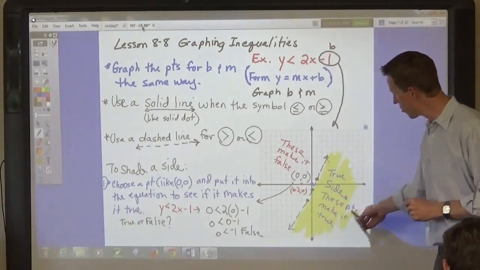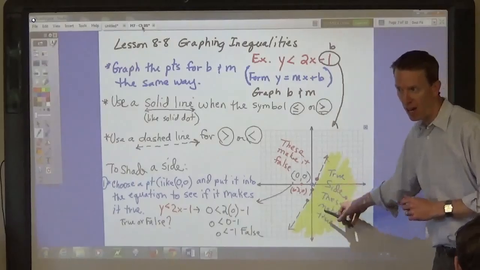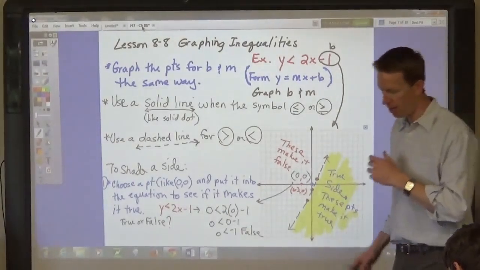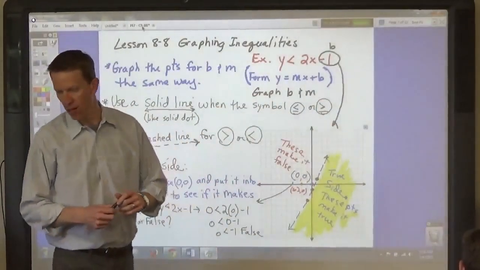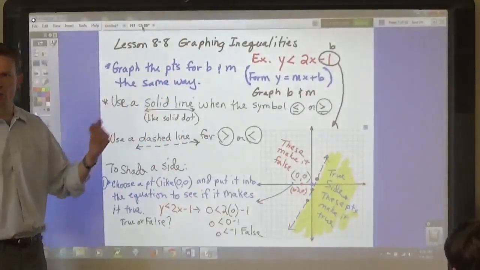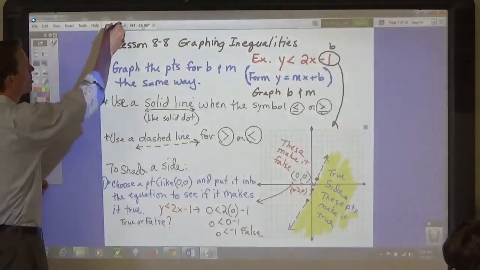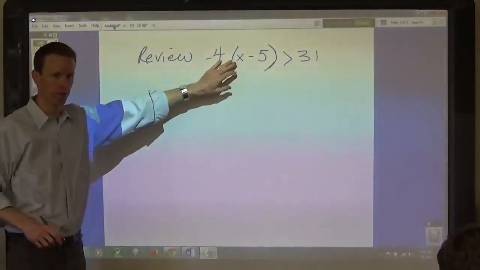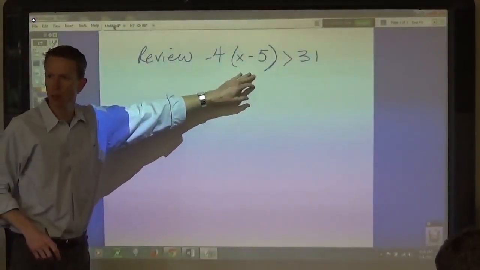The answer is going to be an area on the coordinate plane. So we're going to shade to find the area, just like we shaded when we were solving equations or inequalities like this before. So let's first review this.